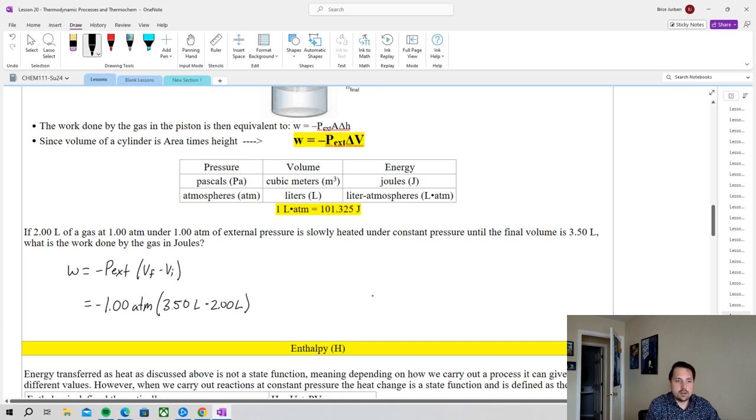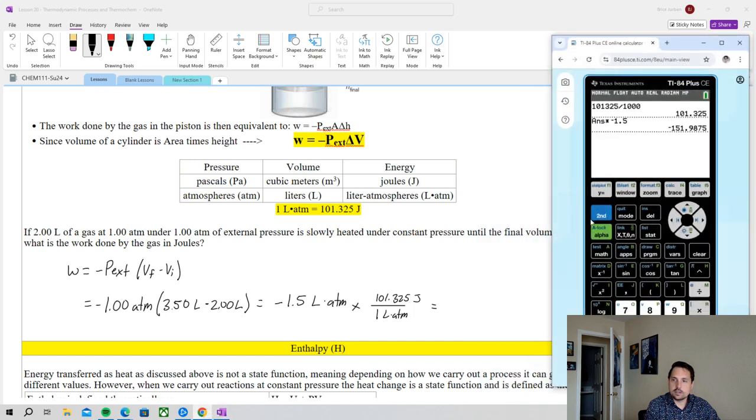Okay, so when we work this out, we find that the work energy is equal to negative 1.5 liter atmospheres, because the units here are just liters times atmospheres, and that is not equal to 1 joule. So what we need to do is use this conversion factor, that 1 liter atmosphere is equal to 101.325 joules. And so this comes out to be negative 152 joules.